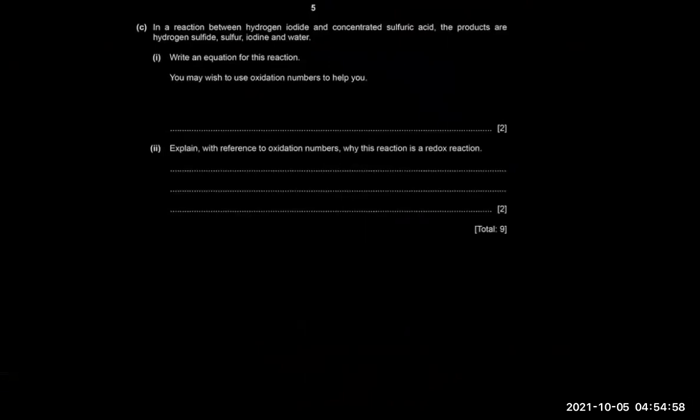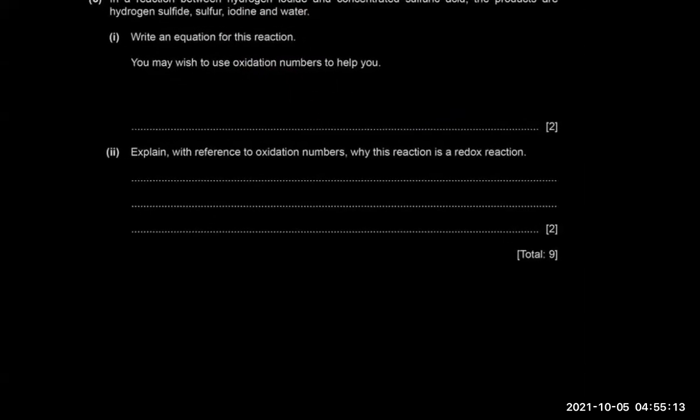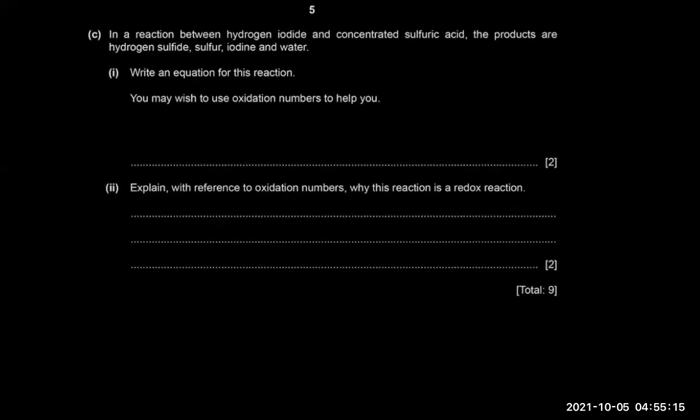In a reaction between hydrogen iodide and concentrated sulfuric acid, the products are hydrogen sulfide, sulfur, iodine, and water. Write an equation for this reaction. You may wish to use oxidation numbers to help you. So this is a balancing equation question. First of all, you have to write down the reactants.